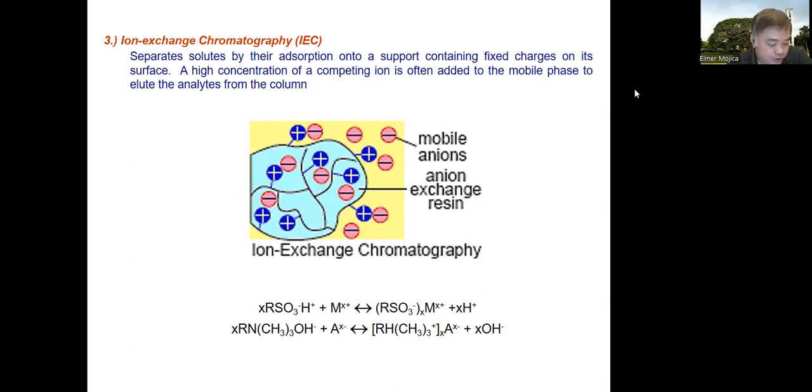Okay? So ion exchange chromatography separates by their adsorption into a support containing fixed charges on its surface. So what you have is a high concentration of competing ion often added to the mobile phase to elute the analytes from the column. So what it does, it just exchanges, okay, whatever solid support that you have here.